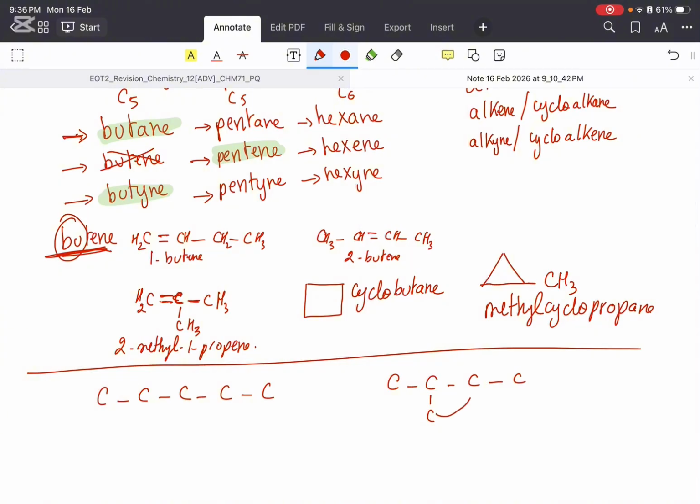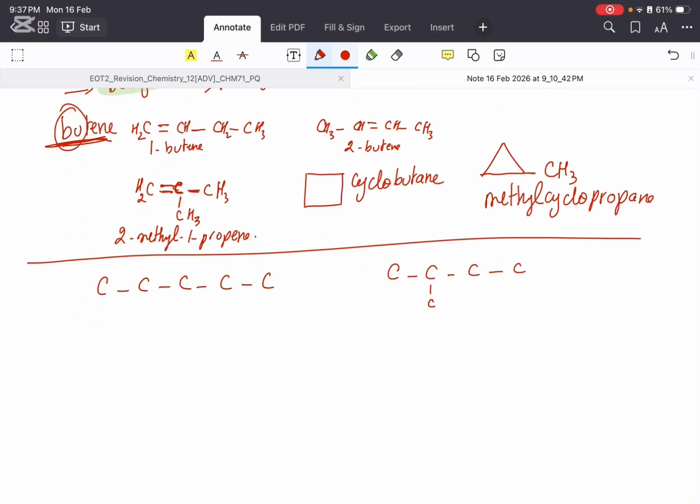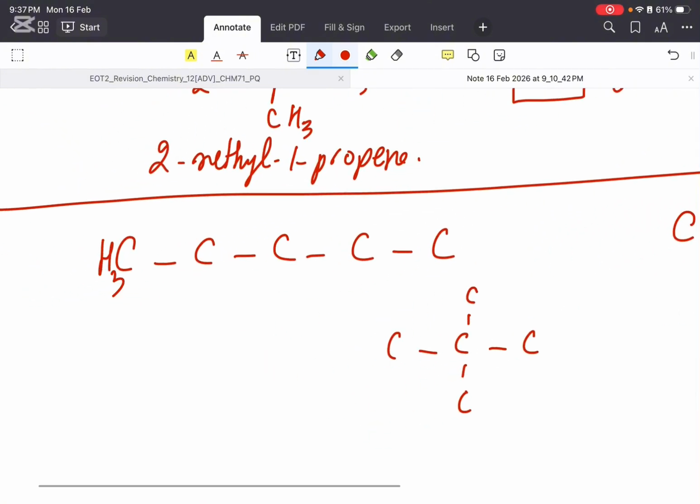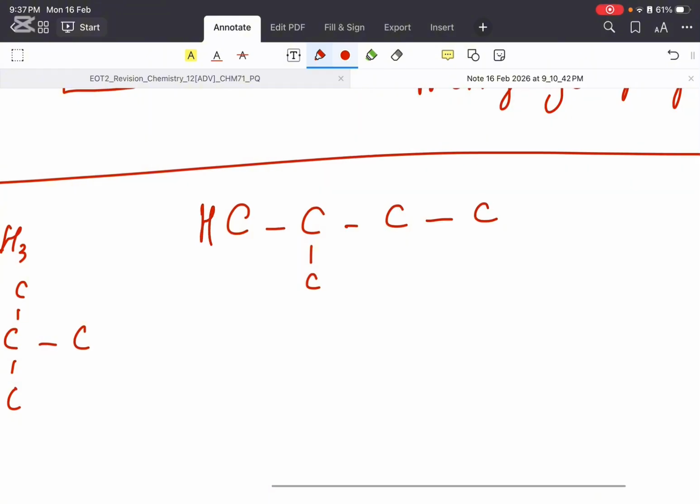It doesn't change if I put the branch over here; it would be again the same as 2-methyl butane. Or I can do 1, 2, 3 with 2 branches. So this one is pentane. This one is 2-methyl butane.